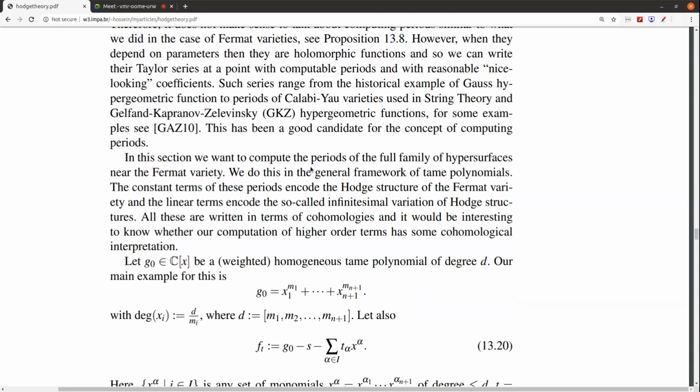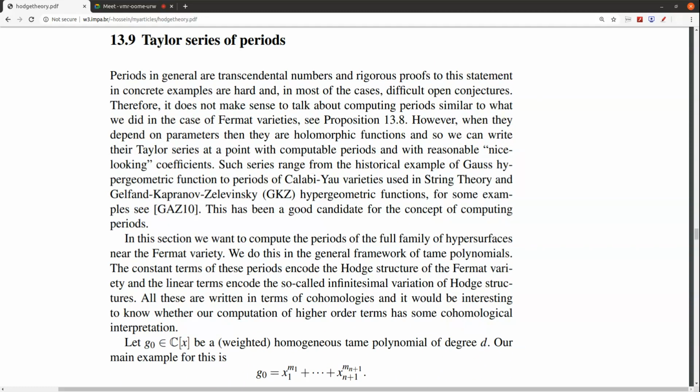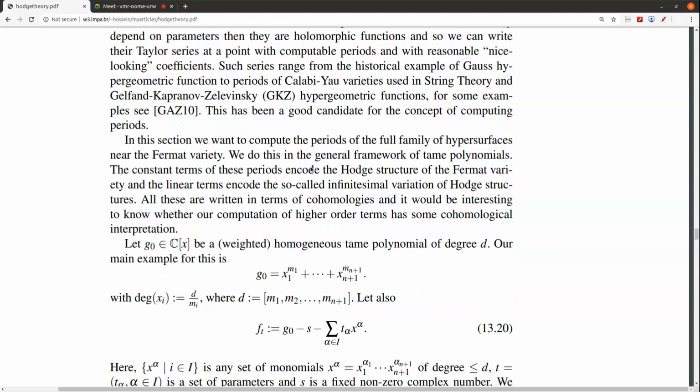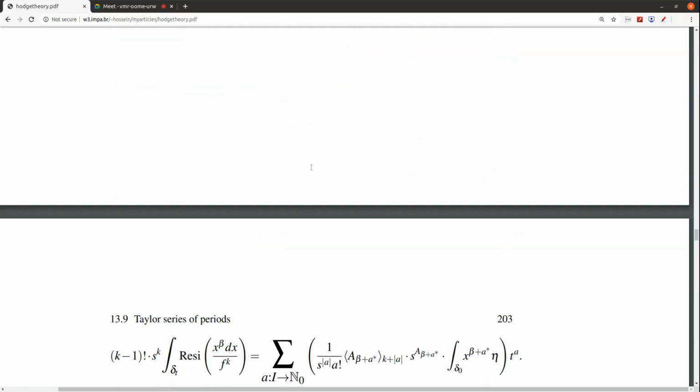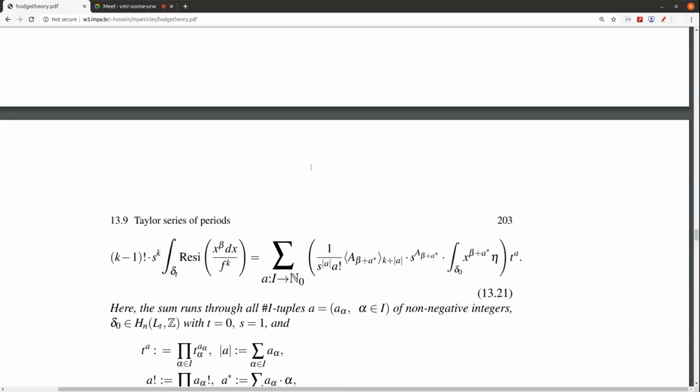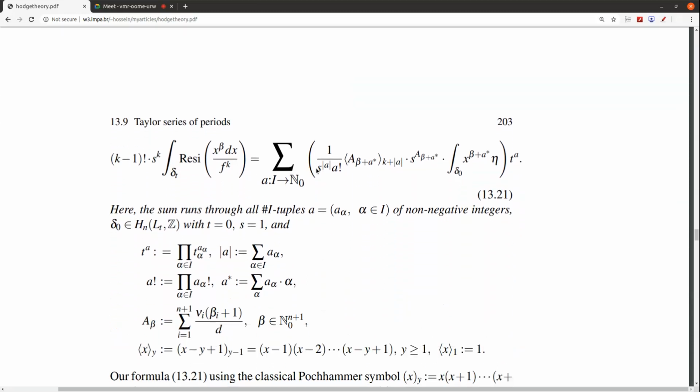I will explain something. One of the things that at the end I did in my book: you see that the linear part of the integrals is useful for computing the tangent space. Actually, I started to compute the full Taylor series of all these integrals.